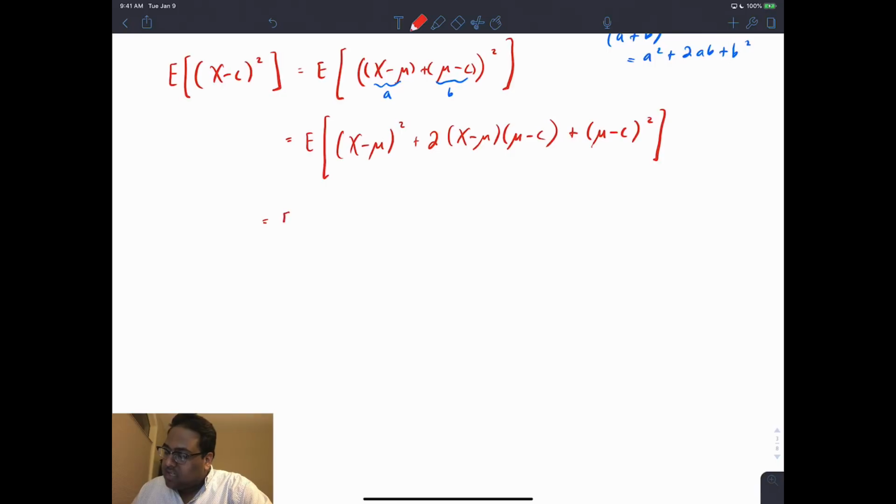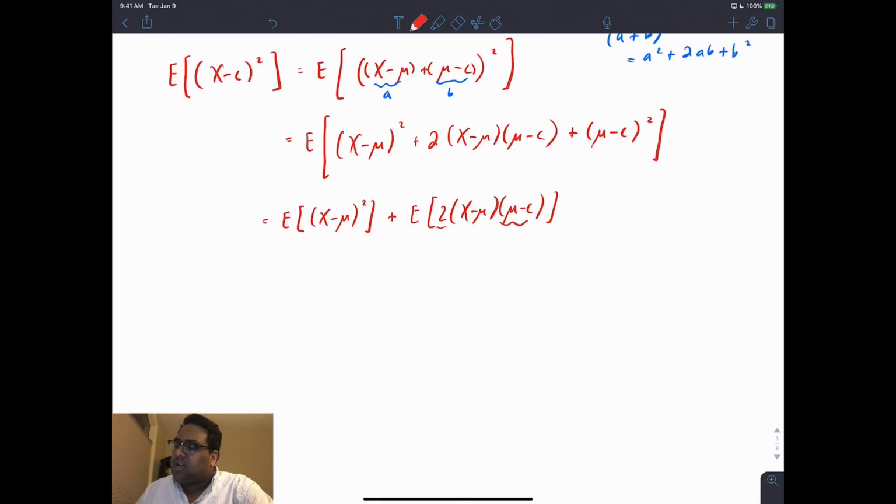So I can call this the expectation of (X minus mu) squared, plus the expectation of 2(X minus mu)(mu minus c). But 2 and mu minus c are just constants, right? And we know the expectation of a constant times X is just the constant times the expectation, because expectation is linear. So to make things even simpler, this is 2 times (mu minus c) times the expectation of X minus mu.